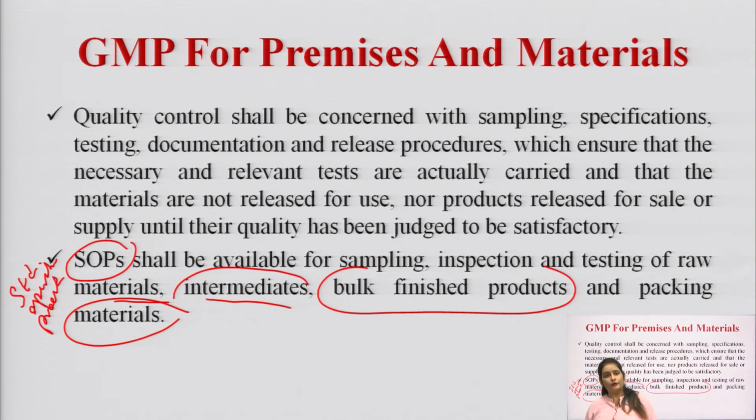The proper documentation should be maintained by the quality control laboratory personnel, and when they ensure that the test is satisfactory, only then will the product be released for sale and supply. SOPs shall be available for sampling, inspection and testing of raw materials, intermediates, bulk finished product and packaging materials.